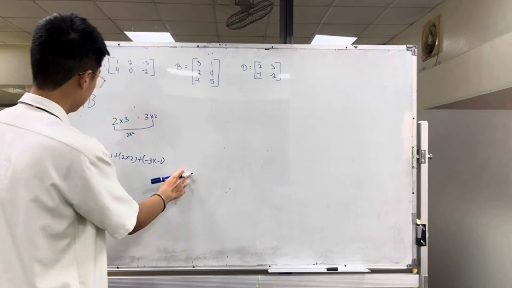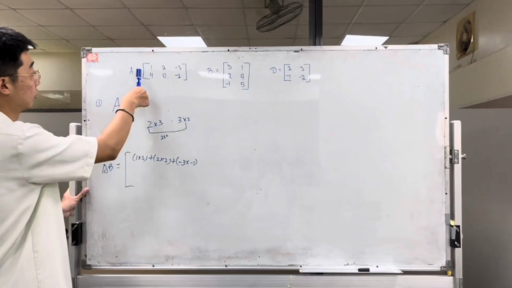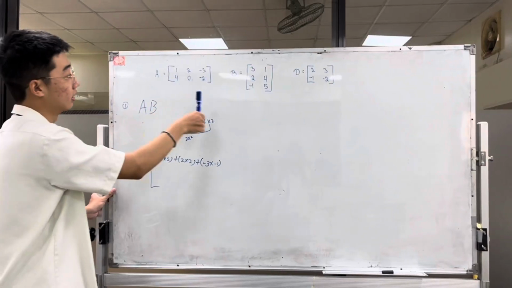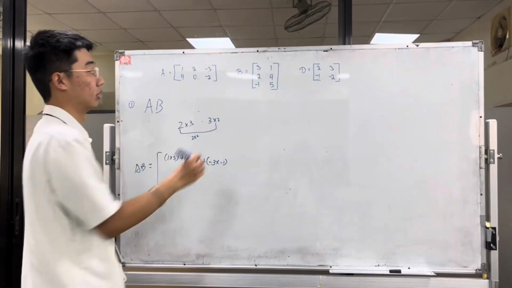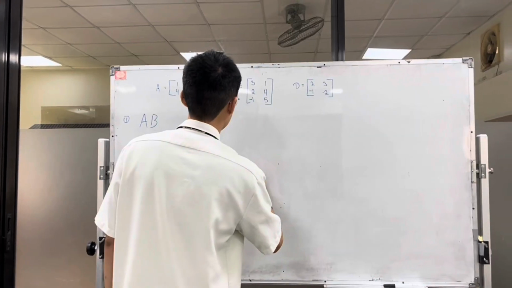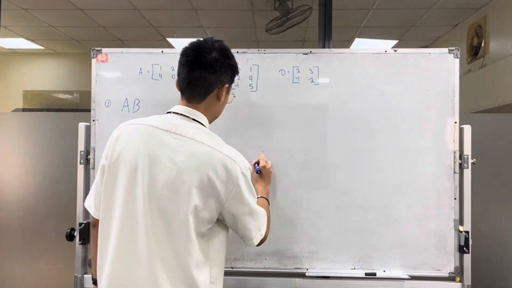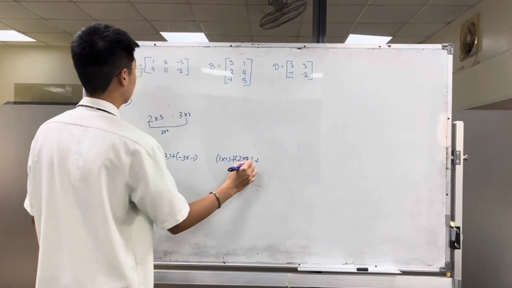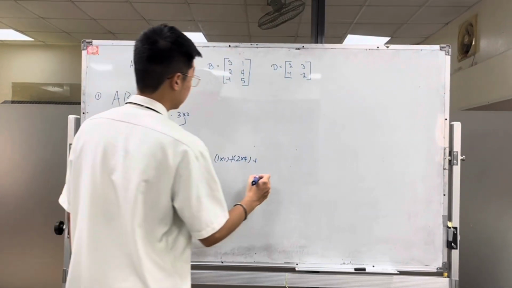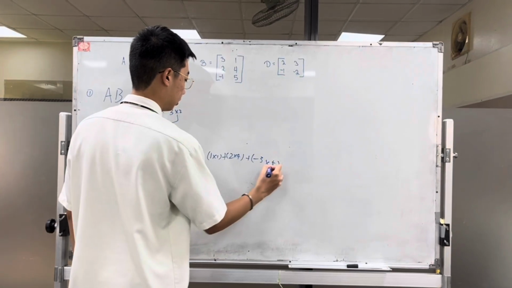And then for the 1, 2 of AB, we'll use the first row of matrix A times the second column of matrix B. So we'll get this.